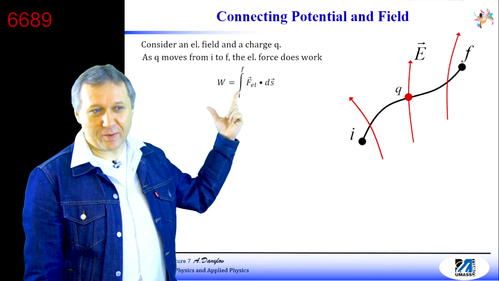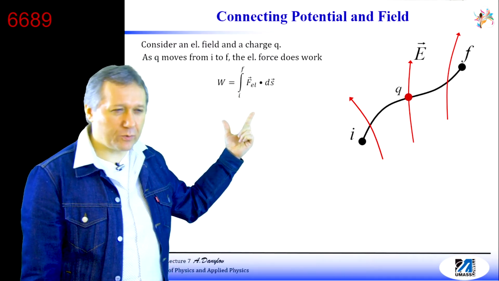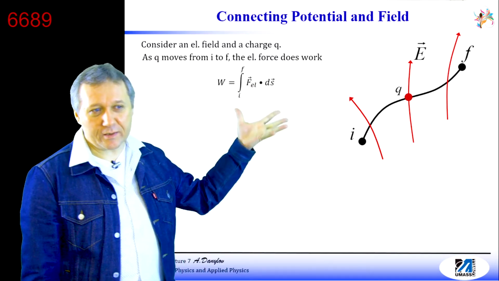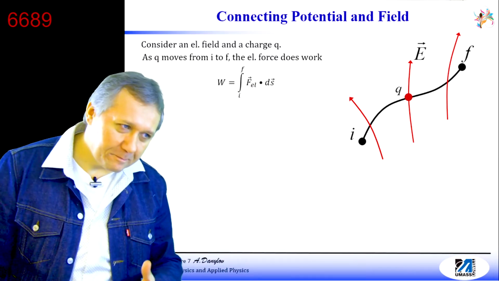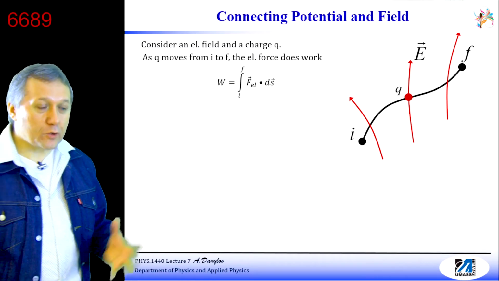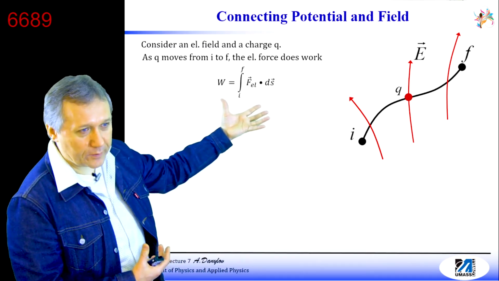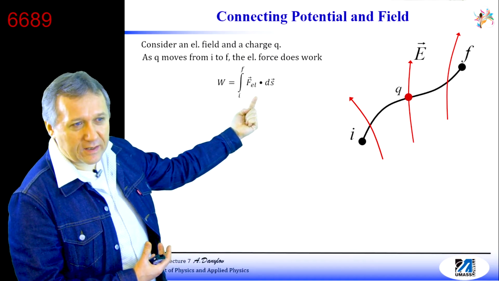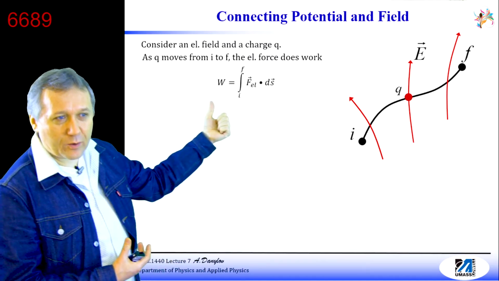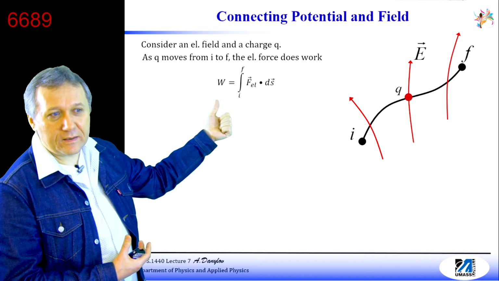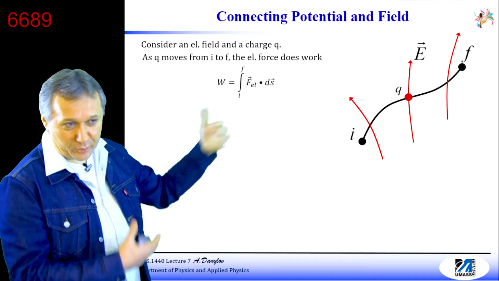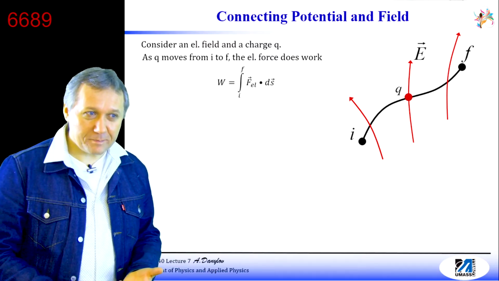Work done by the electric force as this charge moves from the initial to the final point is the integral of F dot ds. So now our goal is somehow to bring into this formula, on this side, the electric field, and on this side, the electric potential. Because that's what we wanted to get.